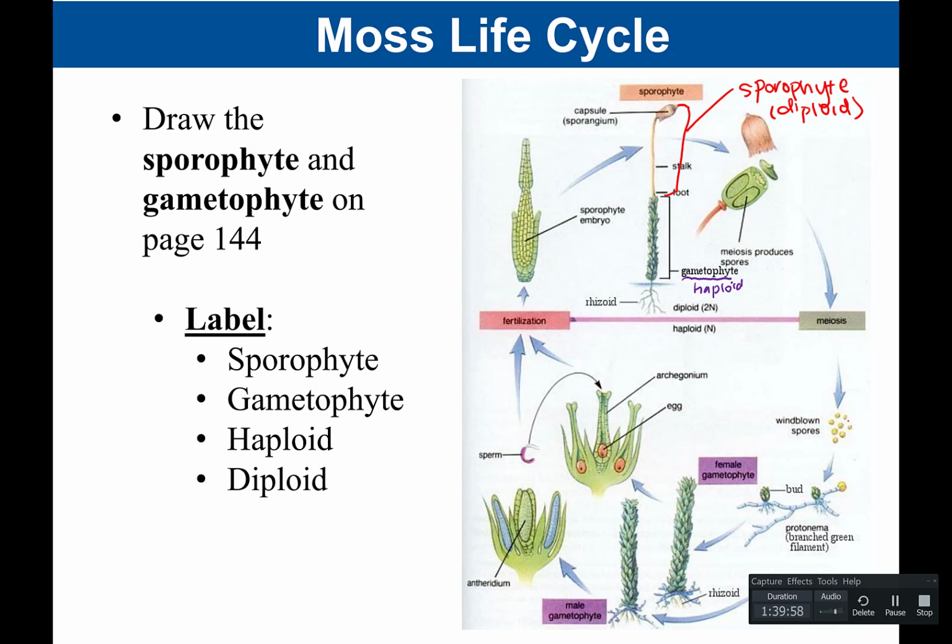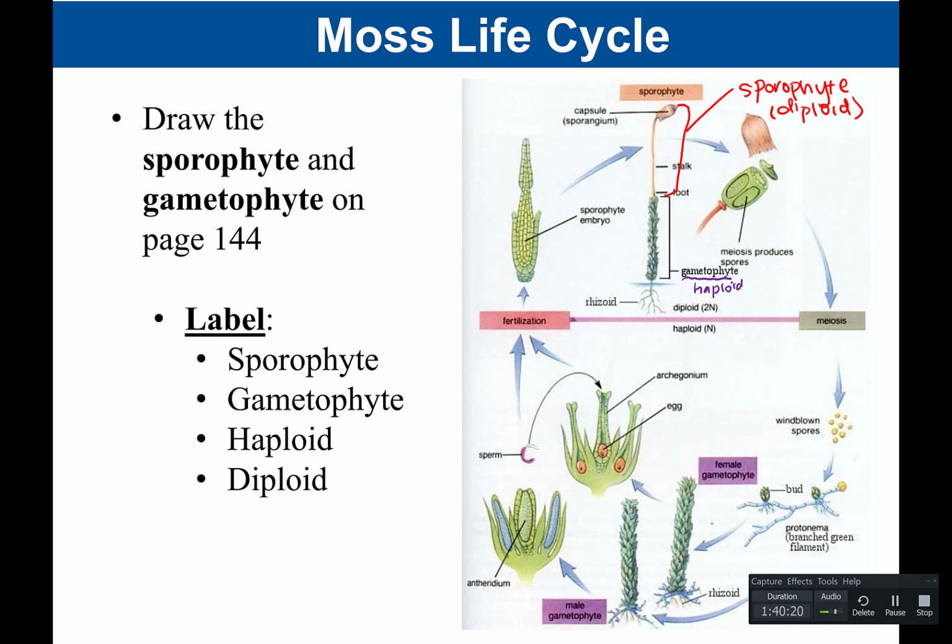And then those haploid spores are going to be wind-blown. And those spores can then germinate and give rise to the early gametophyte, right? Because the gametophyte is the part that is haploid, the part that derives from the spores.